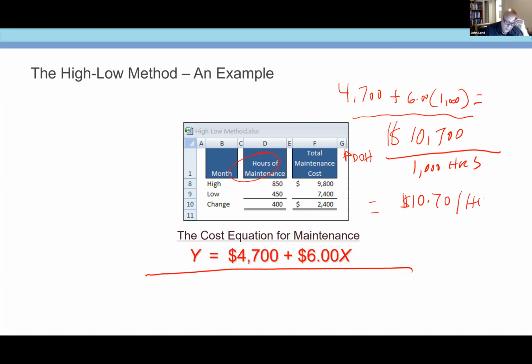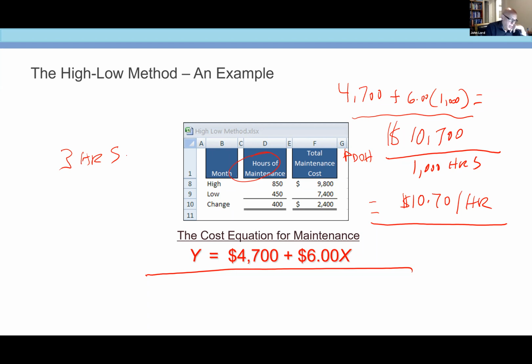Okay, good. So let's say I'm working on a crate of wooden boxes or something, and I spend 3 direct labor hours on that. How much overhead would I apply to that? My predetermined overhead is $10.70 per hour.